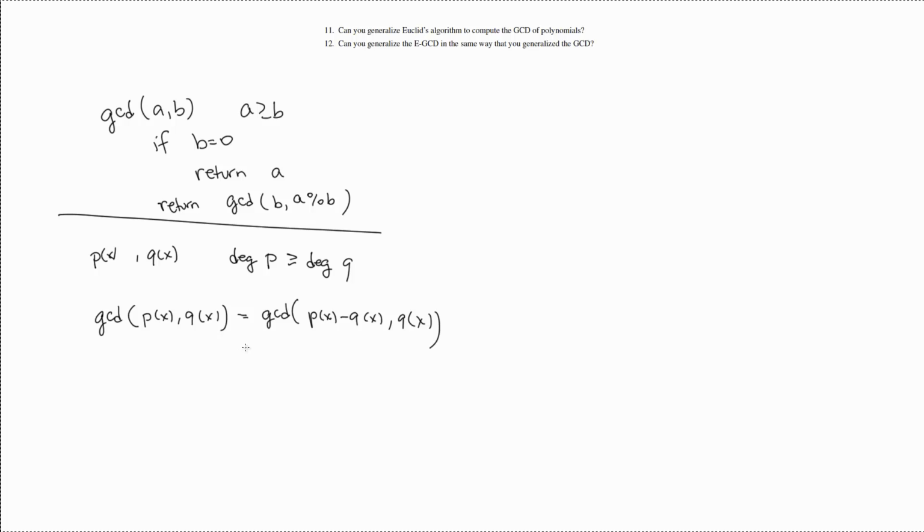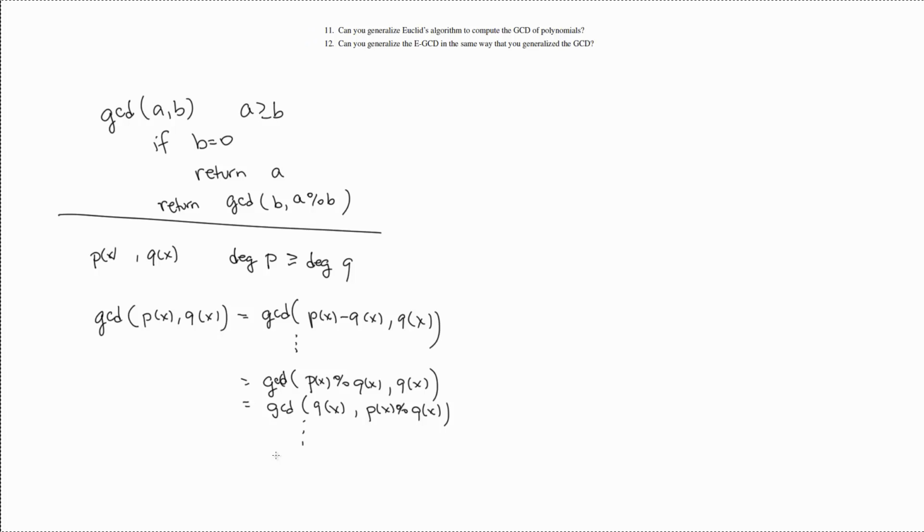Now if we repeat this procedure repeatedly, we get the GCD of p of x mod q of x and q of x, where p of x mod q of x is of degree at most the degree of q. So flipping these, we get this. And now we simply repeat the procedure over again.